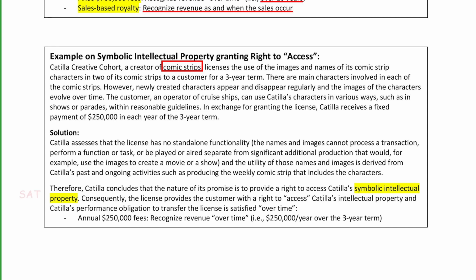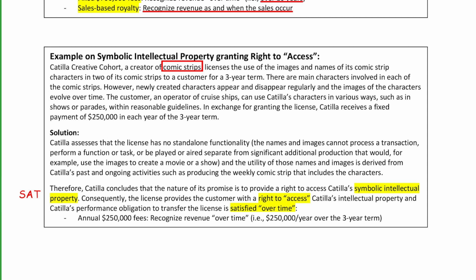And right there, S-A-T. So S is symbolic intellectual property. A is right to access. And T is where the performance obligation to transfer the license is satisfied over time.